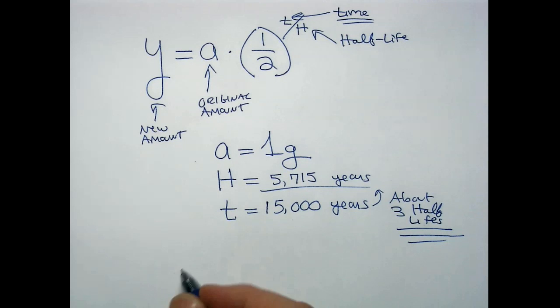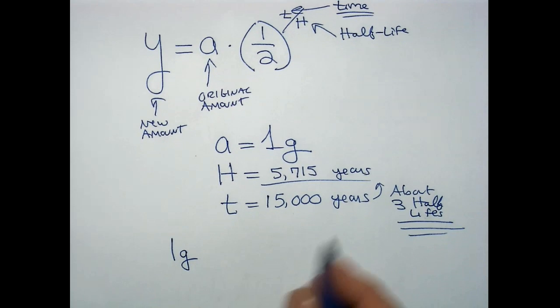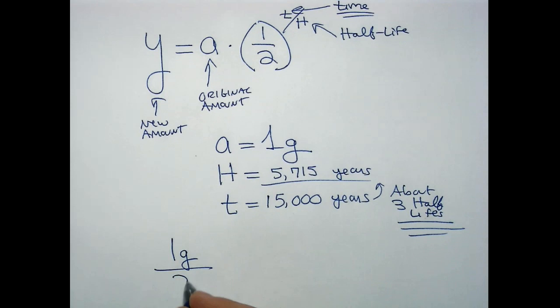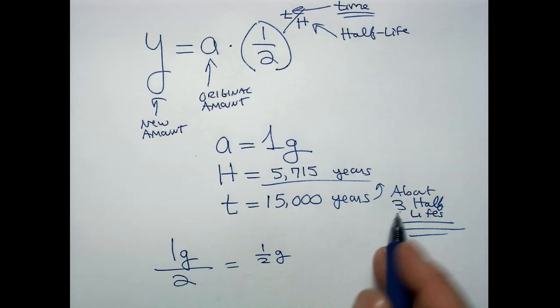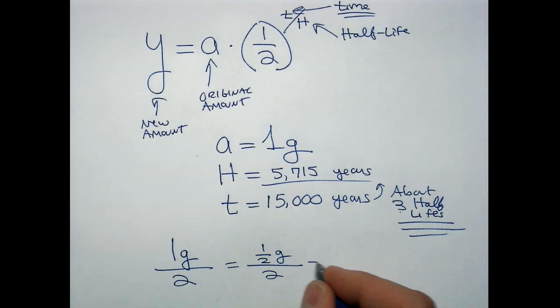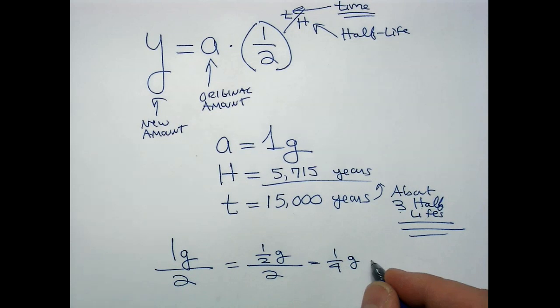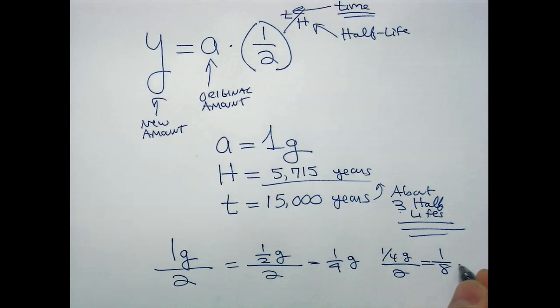So if you want to project how much you would have, you would start with 1 gram. 1 half-life has expired, so cut that in half. Now we're up to a half a gram. But a second half-life has expired, so we cut that in half. Now we're down to a quarter gram, and then finally a third one has expired. We've gone through 3 half-lives of time. And so we should roughly have 1/8 of a gram.